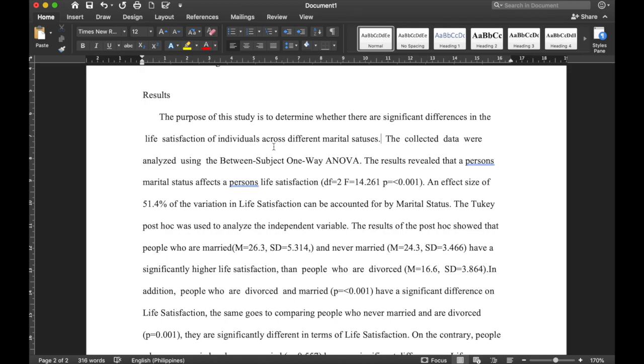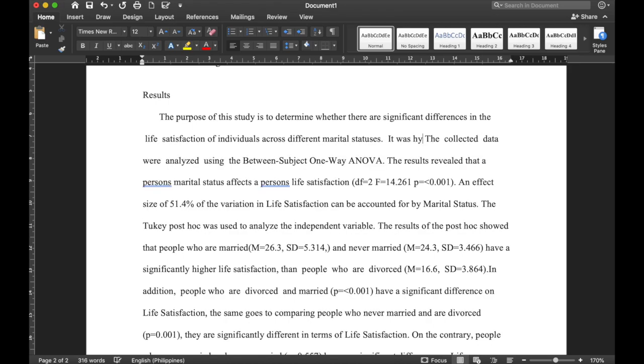And then I asked them to state the hypothesis, which the student forgot to indicate. All right, so let's state the hypothesis.